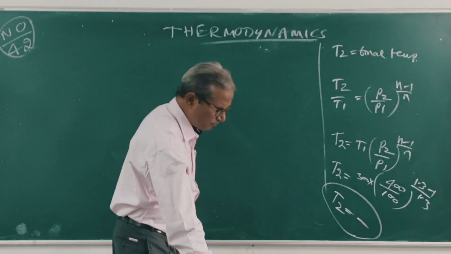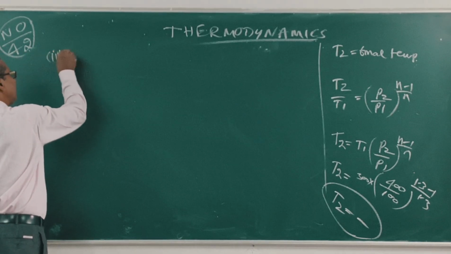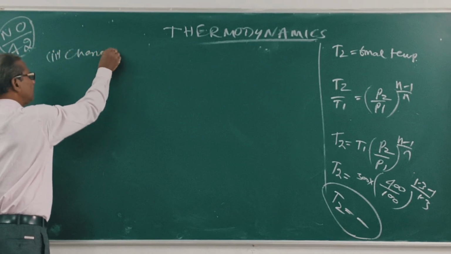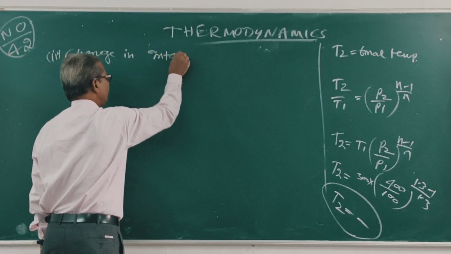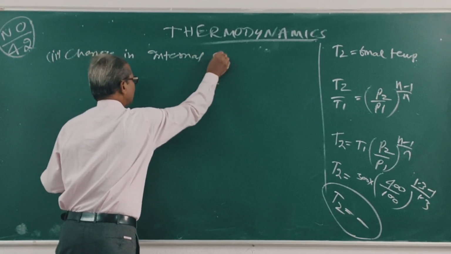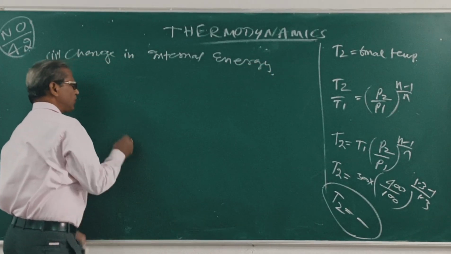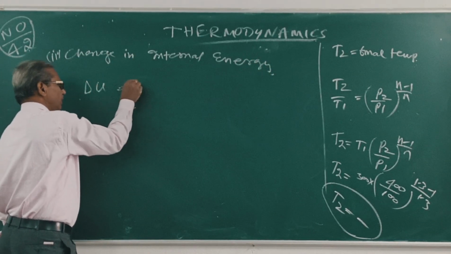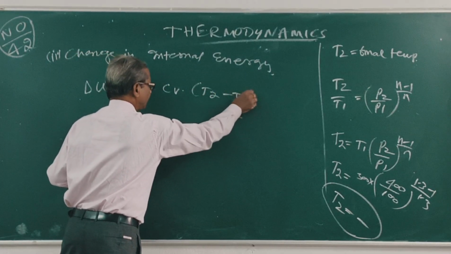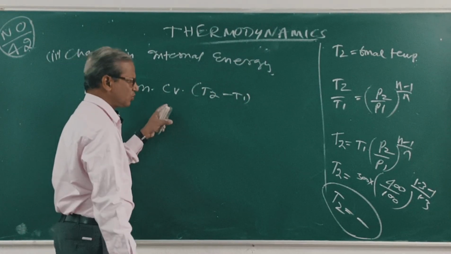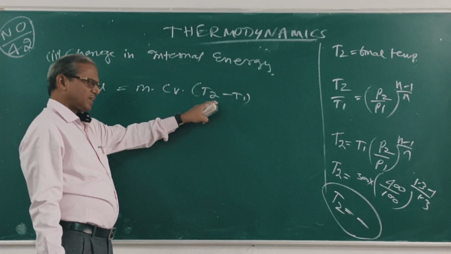Number two, change in internal energy. Delta U is equal to m Cv into T2 minus T1. Put all values: m is 10 kg, Cv is 0.718, T2 minus T1, put all values.